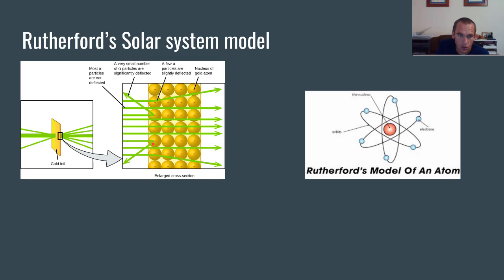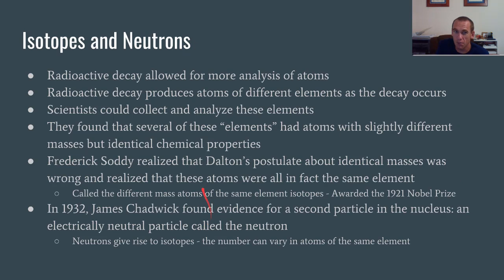When they get too close to the particle in the middle, the nucleus, they deflect or bounce back, and that's because the gold cloud actually here is mostly empty space, because the tiny little electrons, remember this is not anywhere close to scale, electrons are way, way smaller, are flying around out here in this space, and the nucleus is in the middle. So Rutherford proposed this model of the atom where you have electrons zipping around in orbits around the dense nucleus. But this doesn't explain some other things.